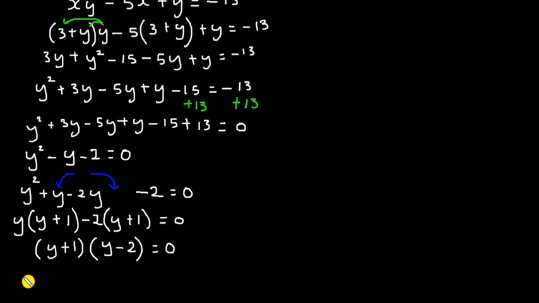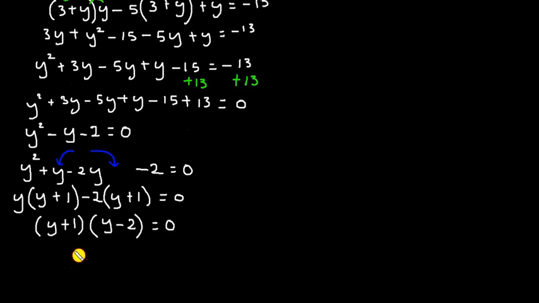Now, it doesn't matter if you write the y minus 2 in front and the y plus 1 after, because 4 multiplied by 3 is the same as 3 multiplied by 4. They both will give you 12. Alright. So since this side is equal to 0, then we can say y plus 1 equal to 0. Then down here we can write y minus 2 equal to 0.